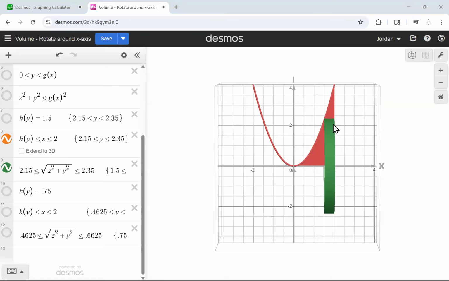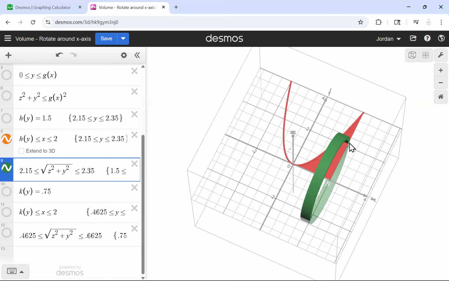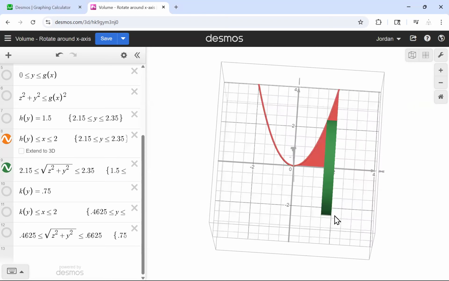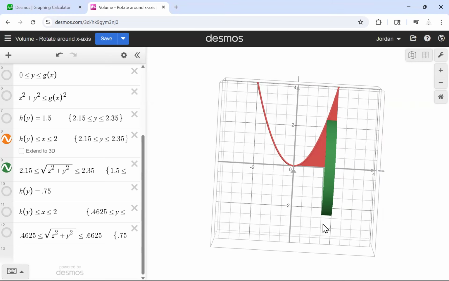So what I'm saying is, at this particular value of y, the radius goes from here to the x-axis, and the height is pretty short, so we get a pretty short length of pipe or a pretty short shell.